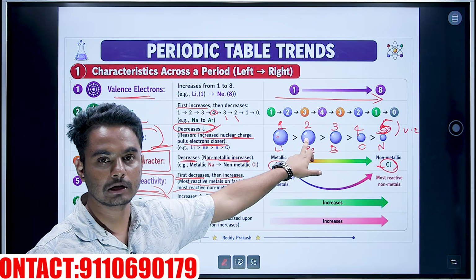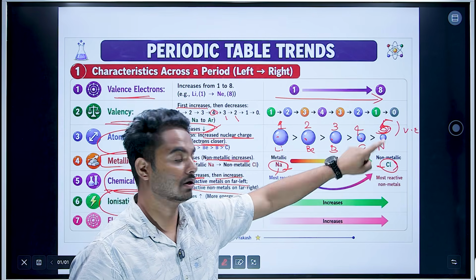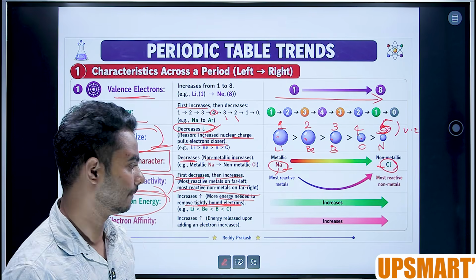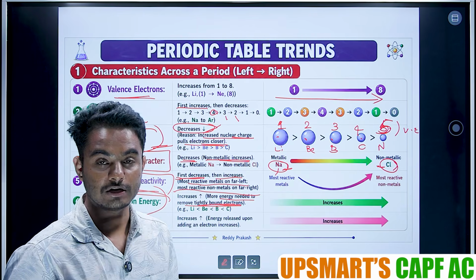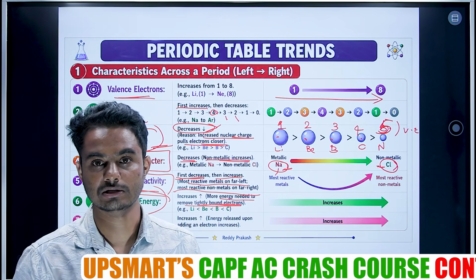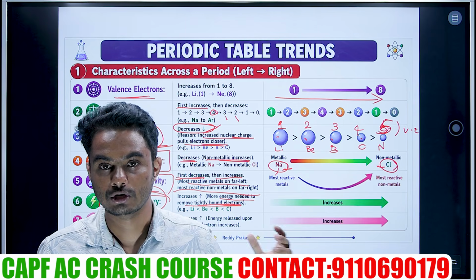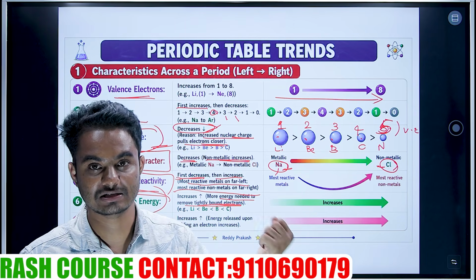To remove 2 electrons is slightly difficult. 3 electrons even more difficult. 4 electrons even more difficult. Okay. The amount of energy required to remove these electrons is called ionization energy. Very simple.